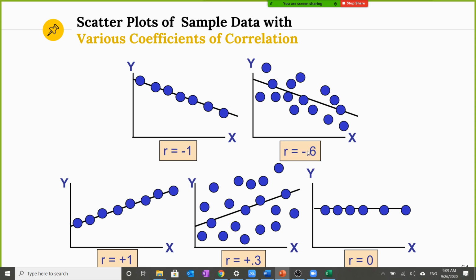Then the r will be -0.6. So they still have a good correlation, but because the data is spreading, the correlation is quite far from 1. So you get 0.6. If you see this one, the data is more spread out, so the r will be much smaller. It's near 0. So we have this 0.3 because of this data that spreads a lot.